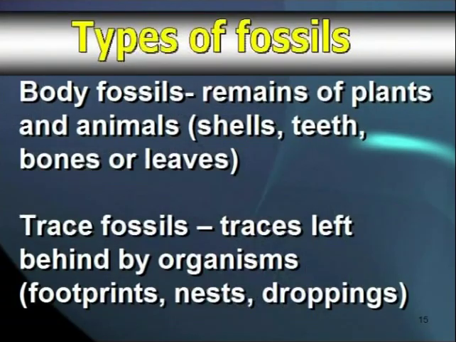I'd like you to copy the types of fossils that are found. One is the body fossils. Body fossils refers to remains of plants and animals, for example shells, teeth, bones, or leaves. These are found in sedimentary rocks.